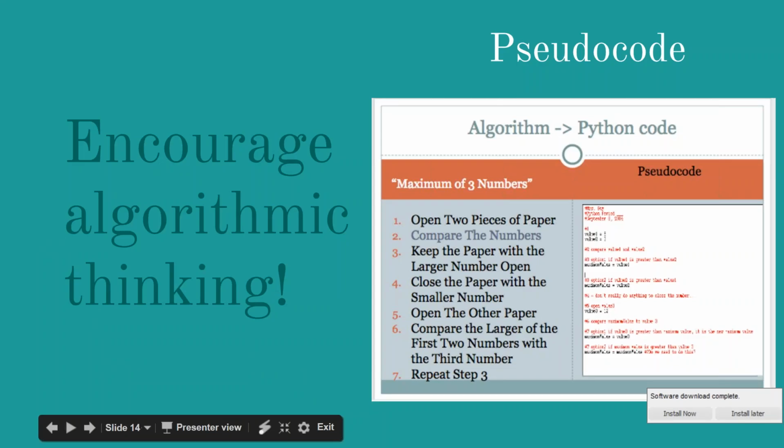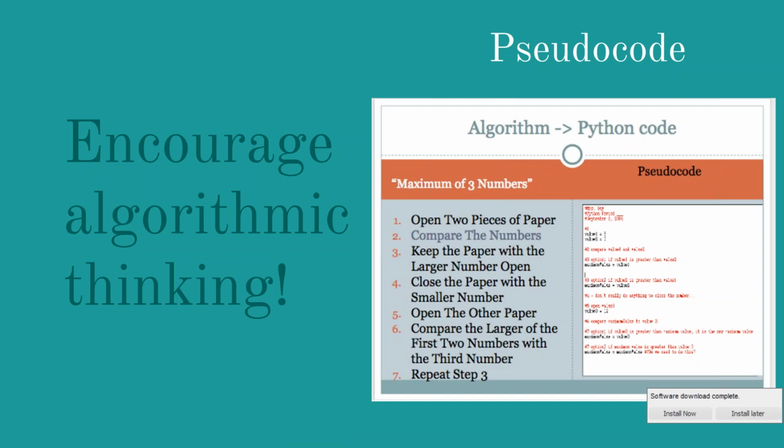Another thing that encourages algorithmic thinking is pseudocode. I am a big believer in pseudocode and what I'm going to talk about next, which is flowcharts. I believe that students need to be able to articulate what steps they believe will solve the problem before they sit down at the computer and start trying to write code, especially here at the beginning when they're trying to learn the syntax of the program.